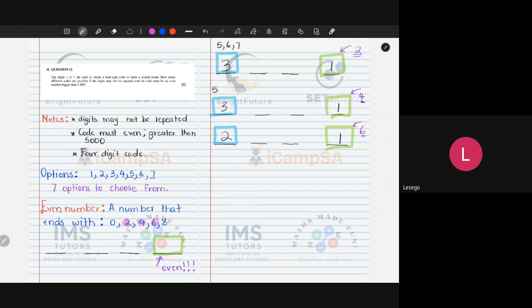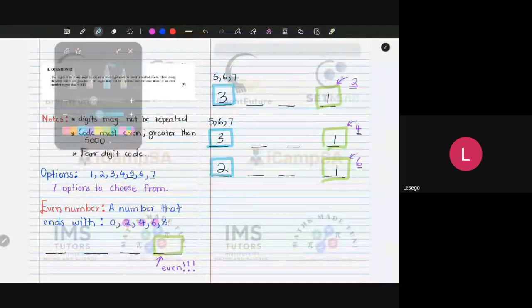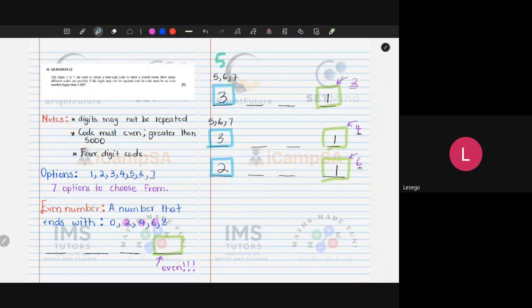So I can still choose from a 5, a 6, and a 7, because I need a number that is at least bigger than 5,000. So I can choose from 3 because I'm putting 2 on the last one. 4 here, same. But now when I get to 6 here, I can't choose from 5, 6, 7 now. I can only choose from 5 and 7. That is what makes the 2 options. Do you understand?